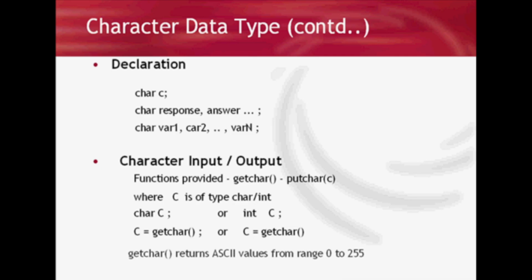So getchar is a function that inputs a character and stores the value in the variable c. Similarly, int c and c = getchar. In this case, the value accepted by the getchar function will be stored in the variable c. The reason we can do this is because getchar returns the ASCII value from the range 0 to 255.